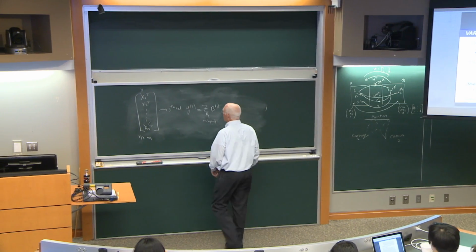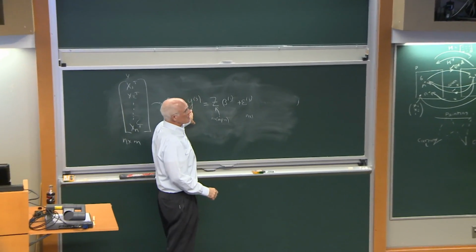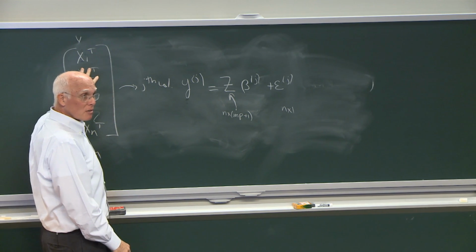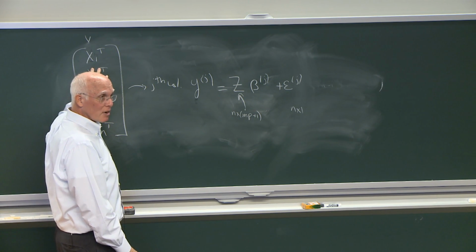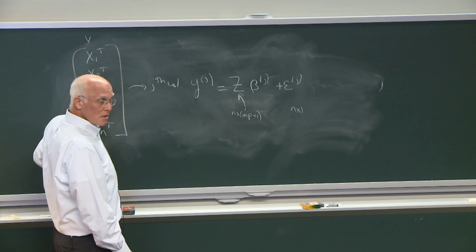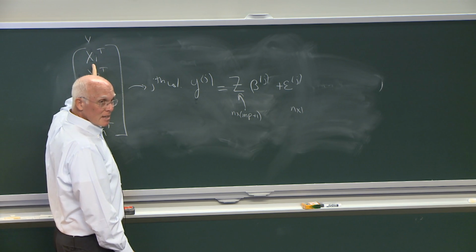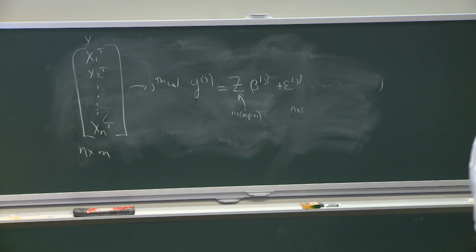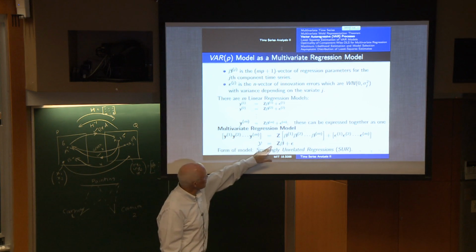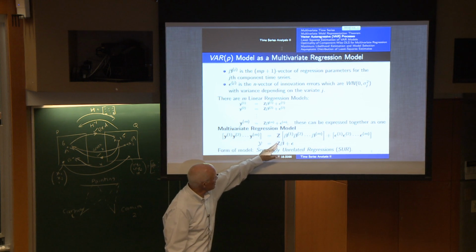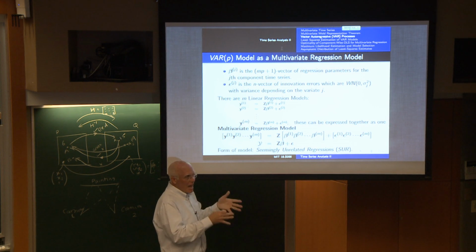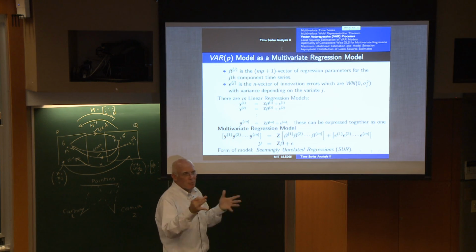So basically y1, y2 up to ym is essentially the original matrix of our multivariate time series, with the first component in the first column, and the mth component in the mth column. And this explanatory variables matrix Z in this case corresponds to lags of the whole process up to p lags.